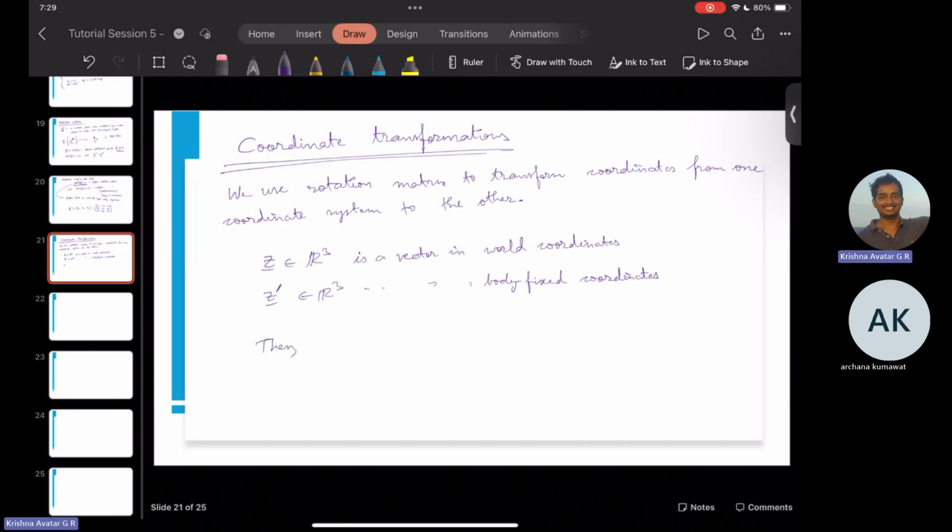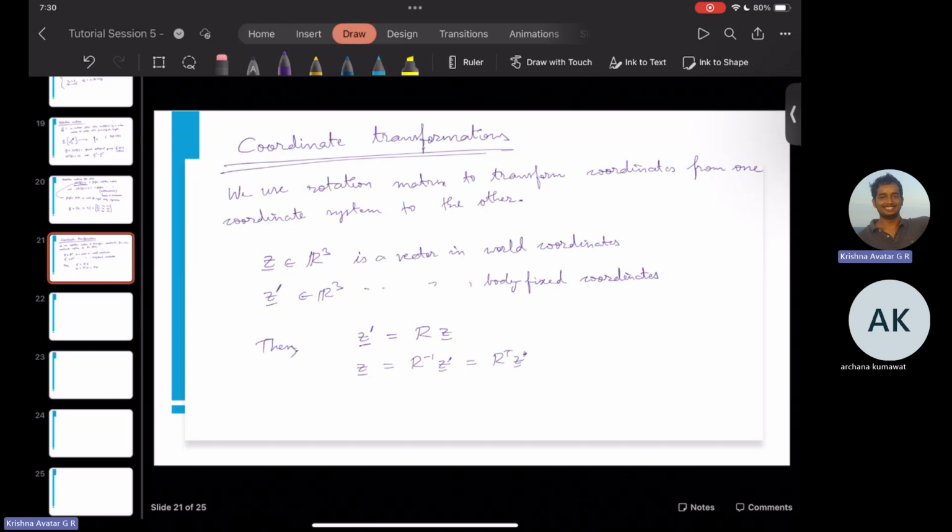Then the relation between them is Z prime is equal to R into Z. And again, Z is equal to R inverse of Z prime, which, as we learned from the property, is R transpose into Z prime.